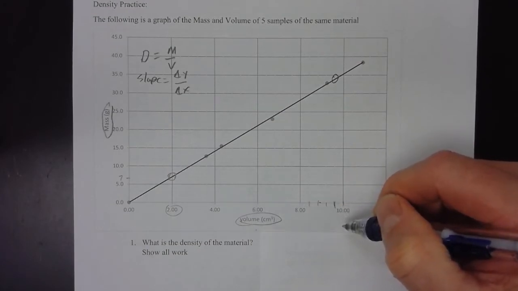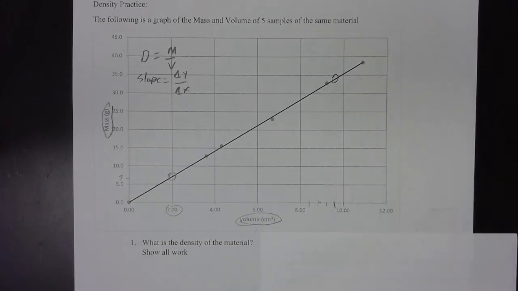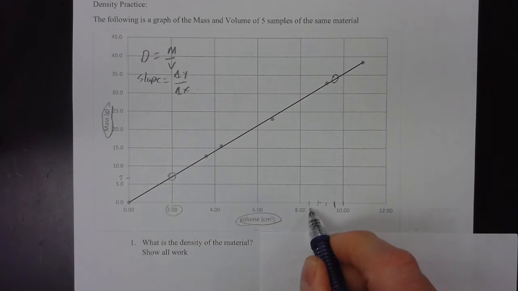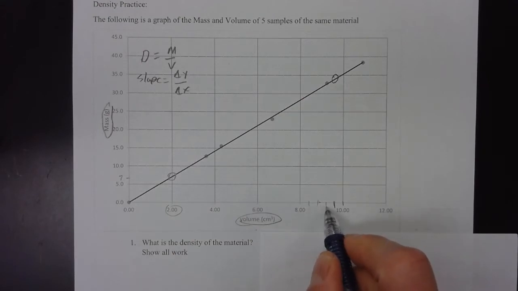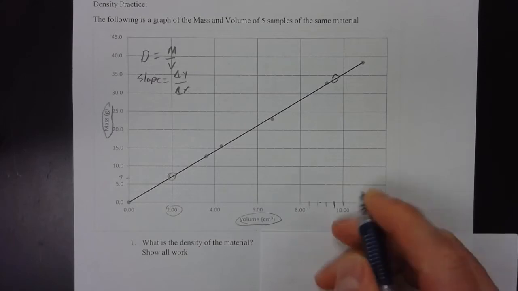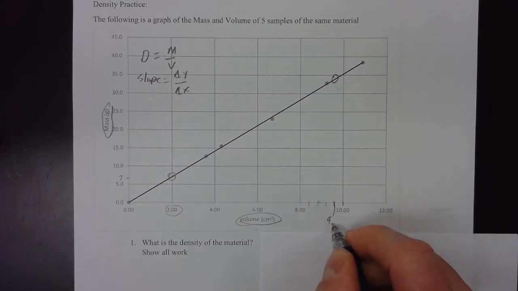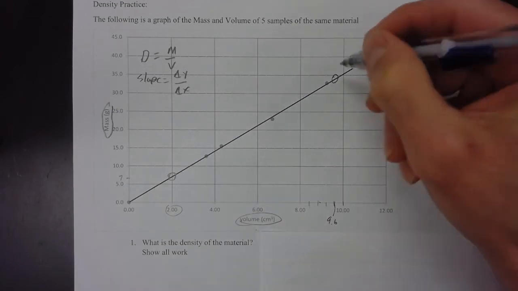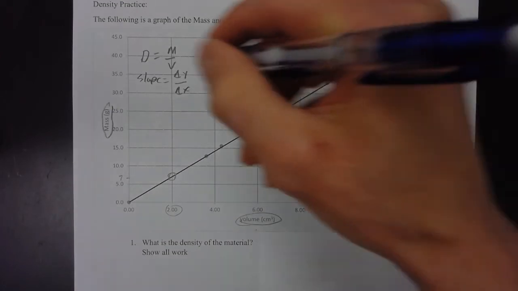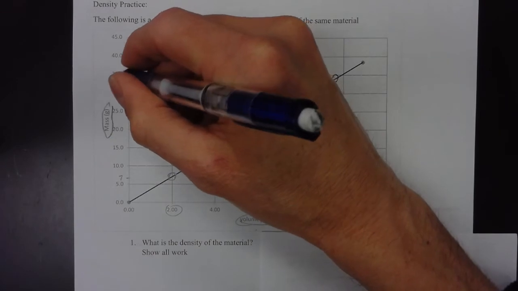So 2 divided by 5, each space is 0.4. So that's going to be 8.4, 8.8, 9.2, 9.6. So this is 9.6. And then over here, that's 34.